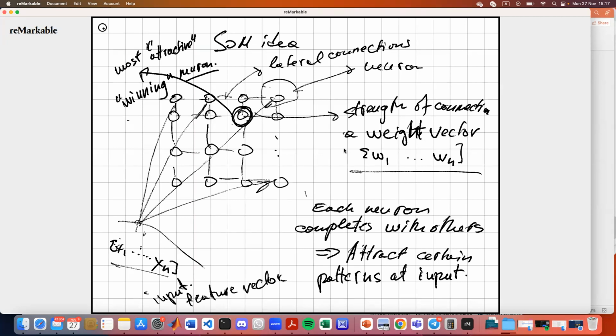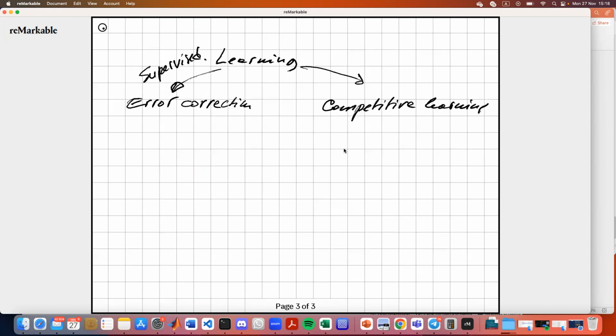You give a pattern X, and only a single neuron will be activated, and this neuron we call a winner. Once the winner is determined, it will perform certain actions, instructing other neurons to adapt their weights with respect to this pattern.